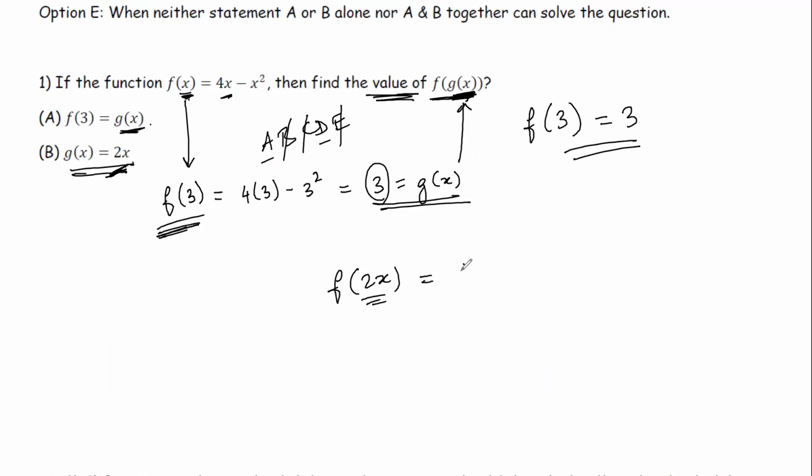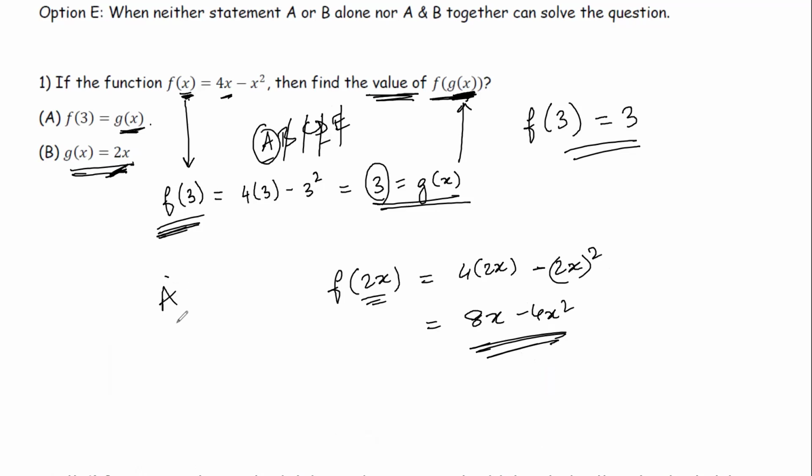So 4 into 2 of x, and then minus, instead of x, we write 2 of x and the whole thing squared. So we get 8x minus 4x squared. It's not giving us any value, correct? So therefore, B doesn't answer. So D is out, only A is the answer. Got it?